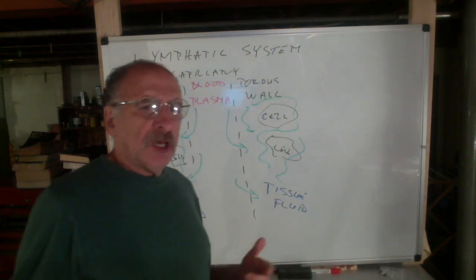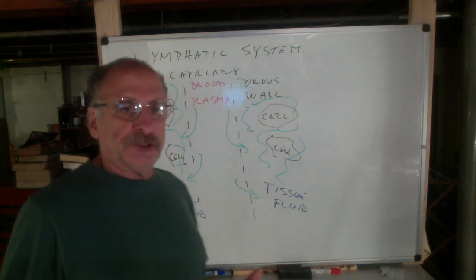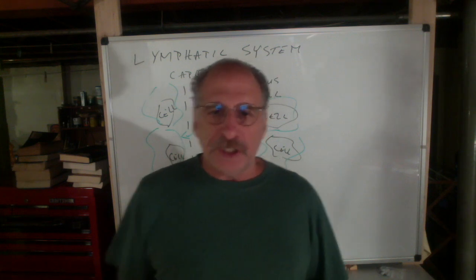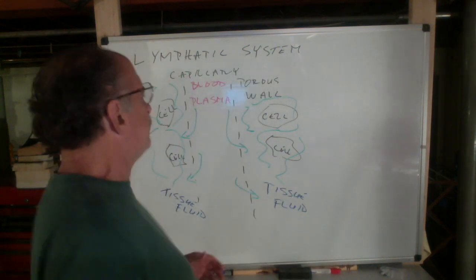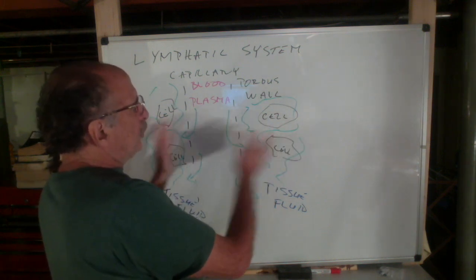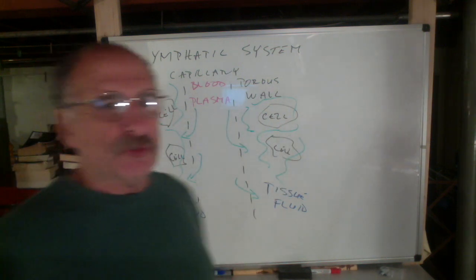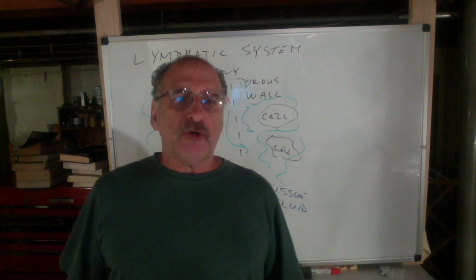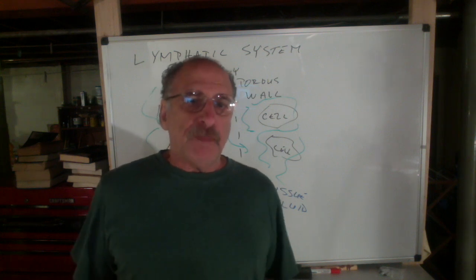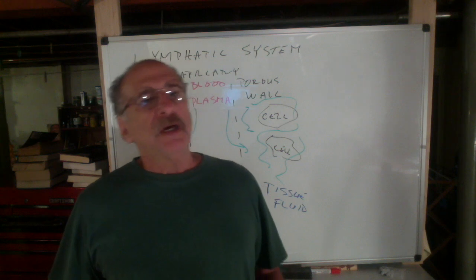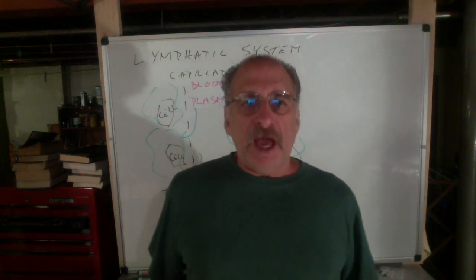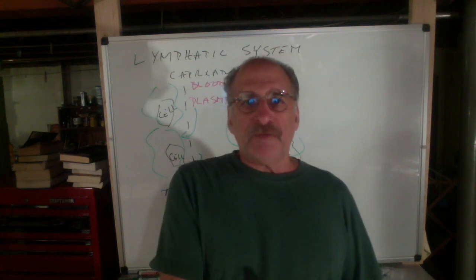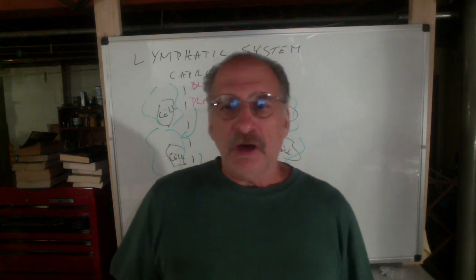The story's a little more complicated than that, and when you take anatomy and physiology too, you'll learn a little more detail to it. I'm trying to keep it simple, so I'm just saying a volume of fluid leaks out every 24 hours, which is roughly 3 quarts of fluid, which is an interesting number because that's all of the plasma you have. You've got about 5 liters of blood, and roughly half, a little more than half of it is plasma. So a little more than half of your blood is plasma, a little less than half are blood cells.